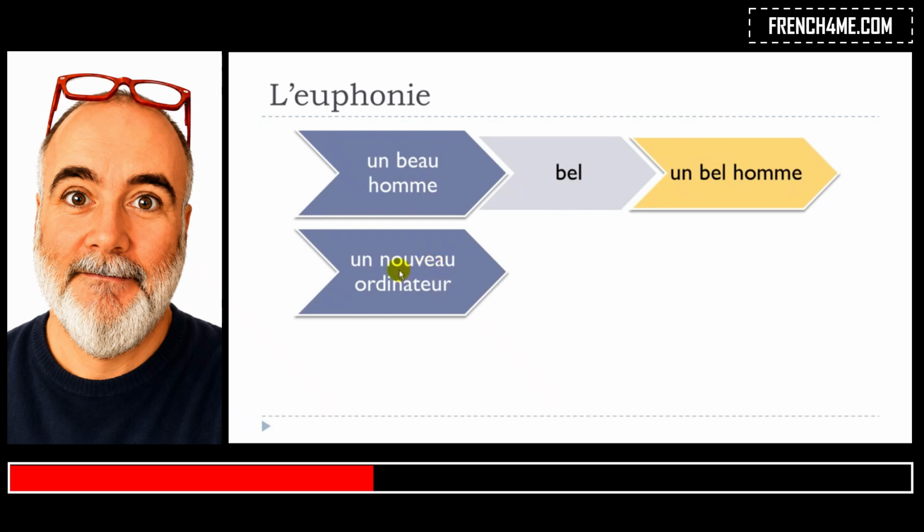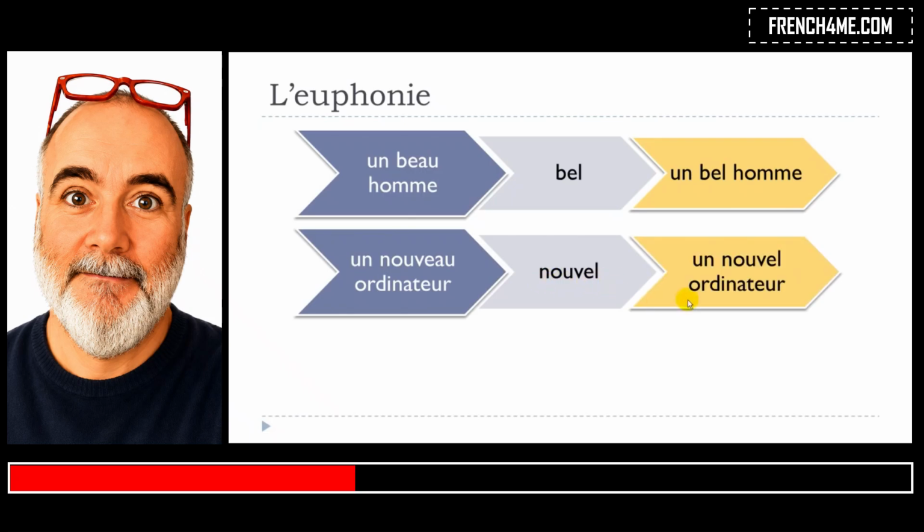The second adjective that will be modified is nouveau. Un nouveau ordinateur. You will have to modify nouveau, and you will get the second masculine form of nouveau, and it's nouvelle, that you will use for all the words that start with the sound of a vowel. Un nouvel ordinateur. And the last one is vieux, old.